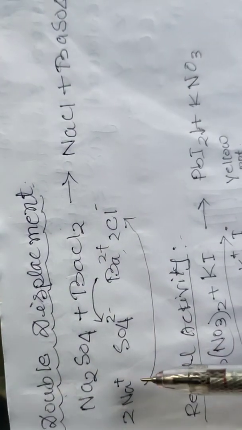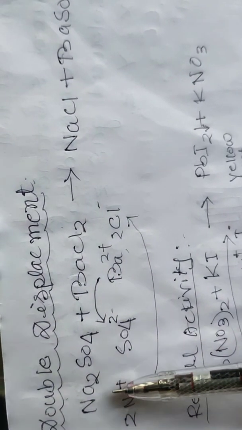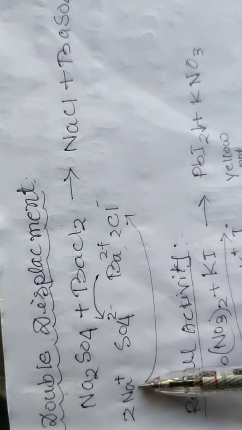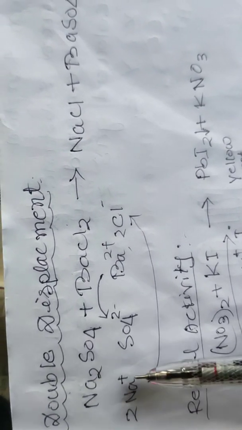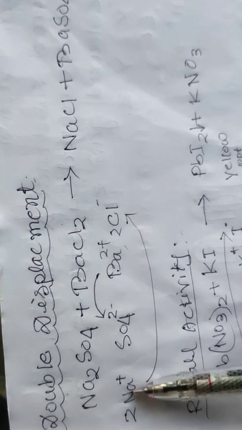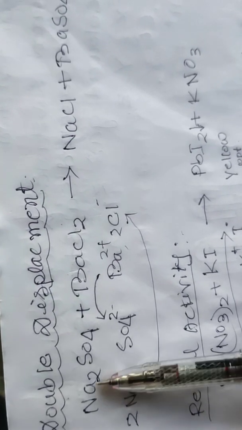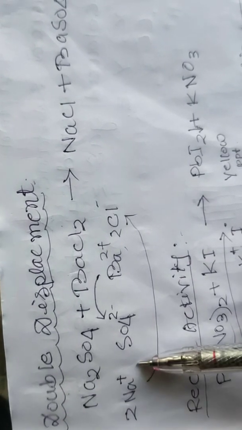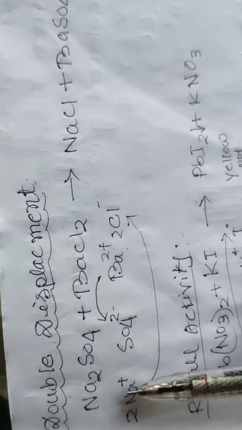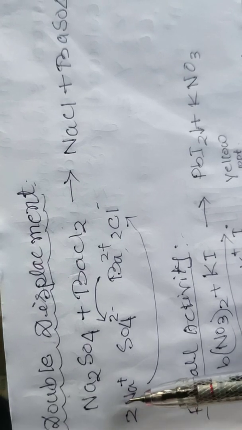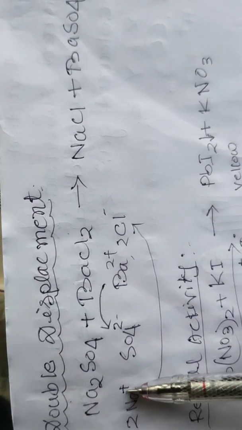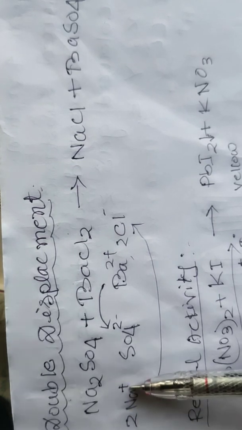So what will happen? First of all, the sodium atom will get ionized. So what will be the number of ions? This is positive 1 because sodium has the valency 1. So the valency of an element is the charge it will carry. So this is 1 valency, that is it will carry 1 charge.